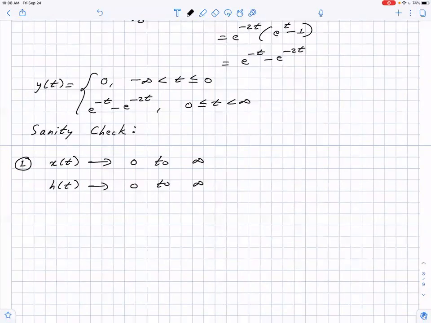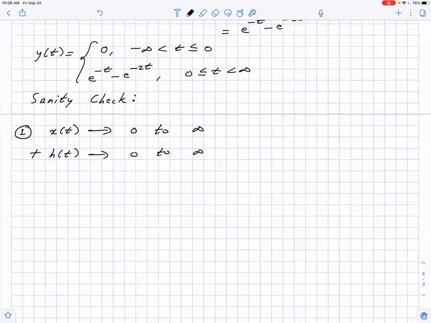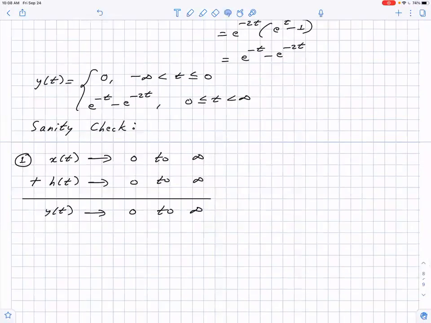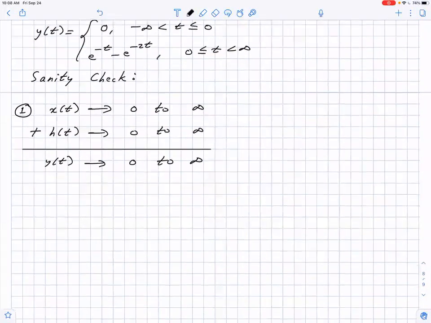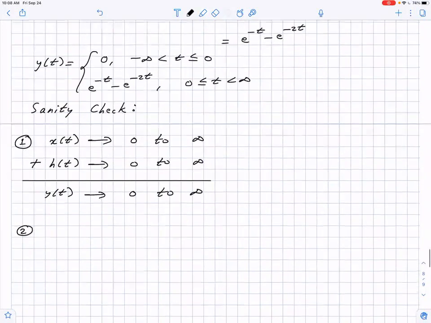So what we should get is, with an abuse of notation, that the non-zero portion of y of t should be from 0 plus 0, which is 0, to infinity plus infinity, which is infinity. And this is what we actually got. The non-zero portion of y of t is from 0 to infinity. So the range checks.